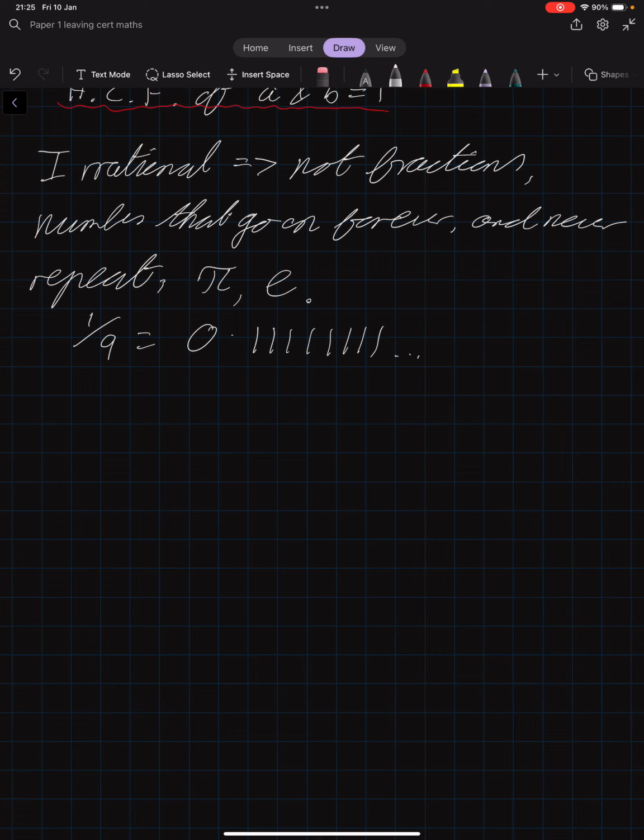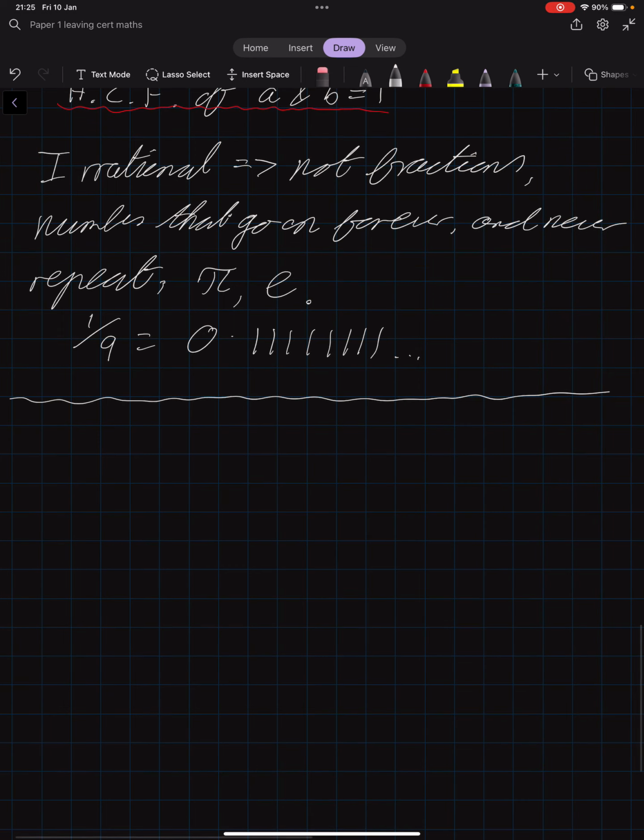Now there's also something quite important, which is proof. So proof that root 2 and root 3 are both irrational, and we're going to prove it.